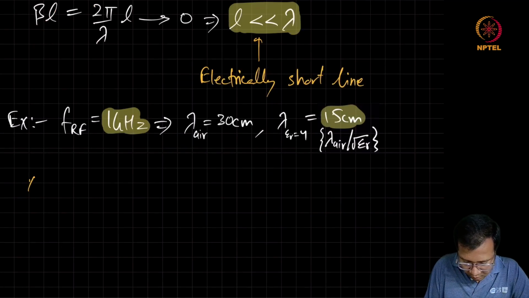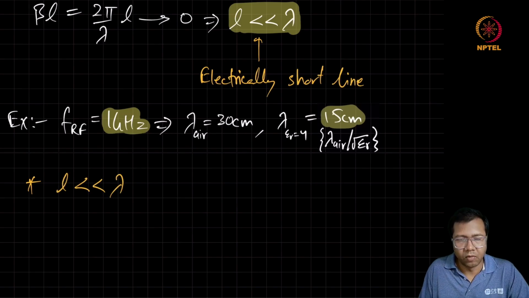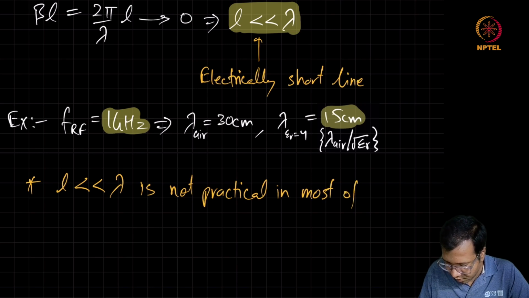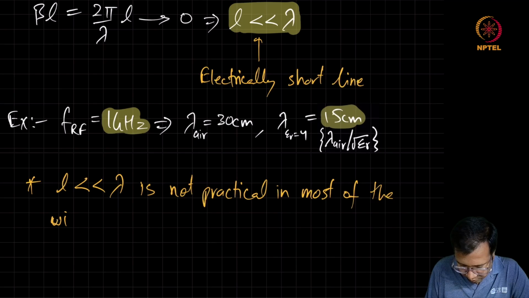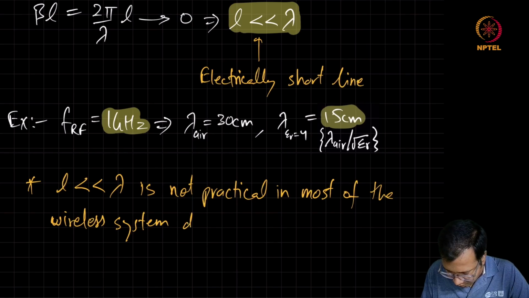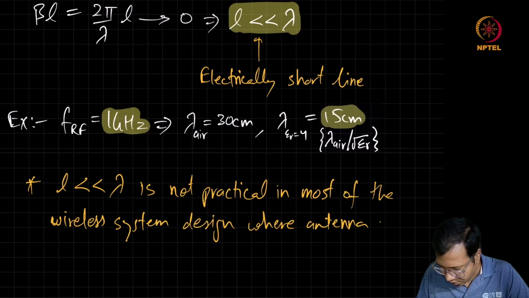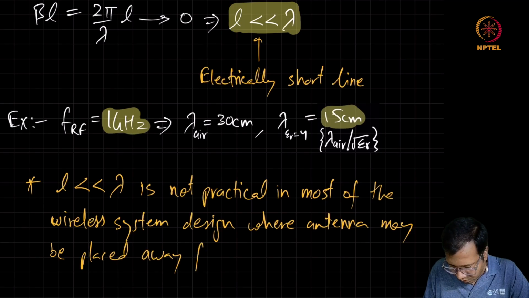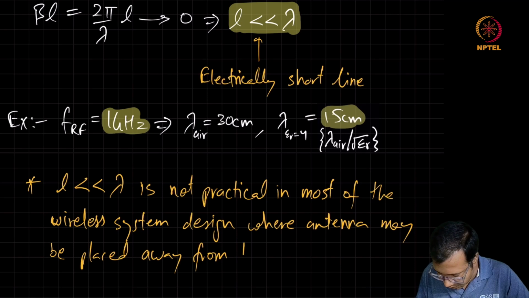The conclusion is that assuming the length of the line to be much smaller than lambda is not practical in most wireless system design, where the antenna may be placed away from the packaged radio.